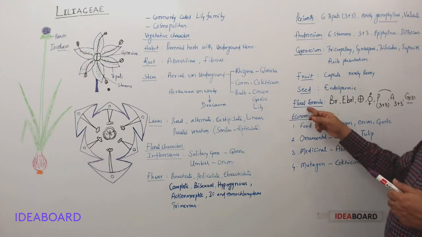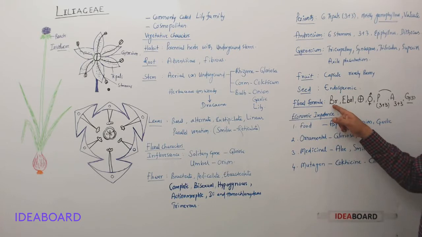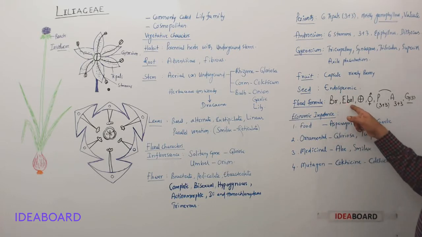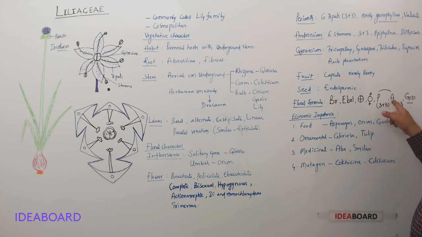So that is the thing, and the floral formula: Br, that is bracteate, Brl, bracteolate, actinomorphic, bisexual, P 3 plus 3 in brackets, that is gamophyllous, and androecium 3 plus 3, no brackets, but here there is one line, and that indicates that the stamens are attached to tepals, so epiphyllous or epitepalous condition.